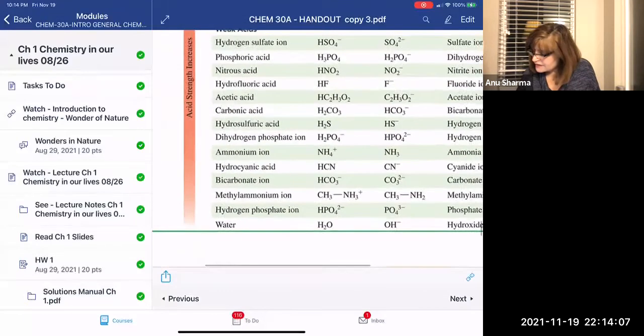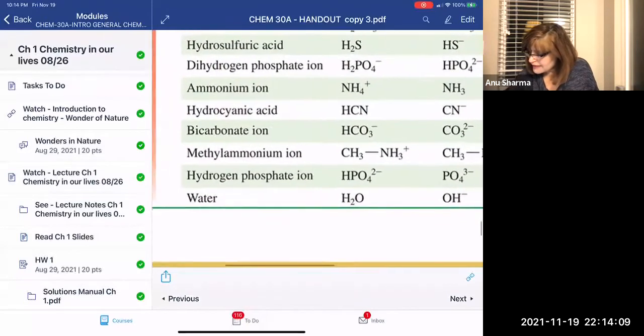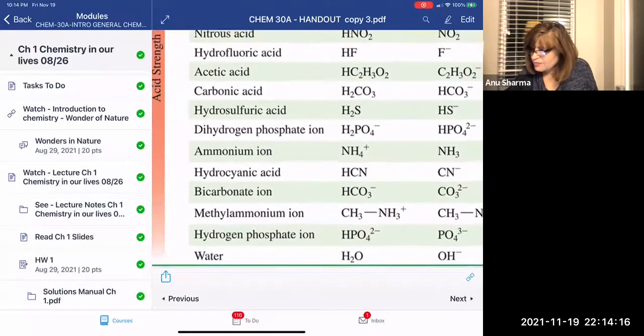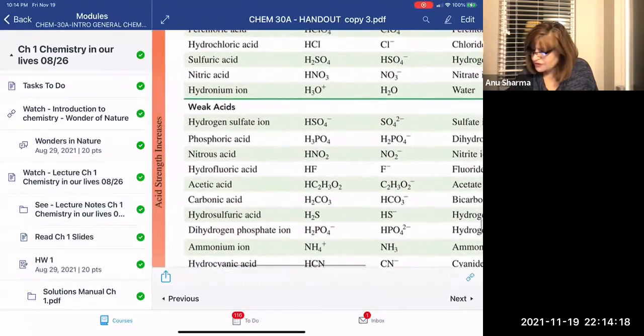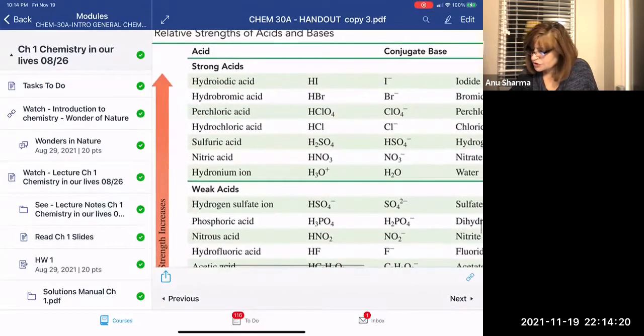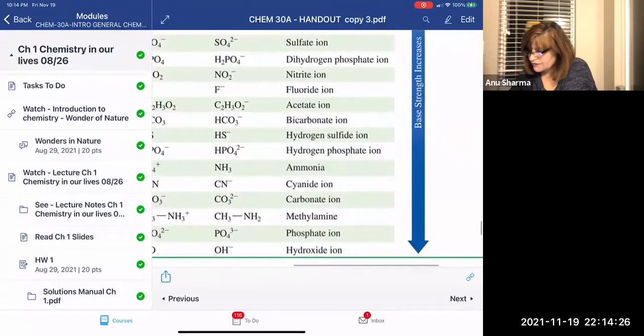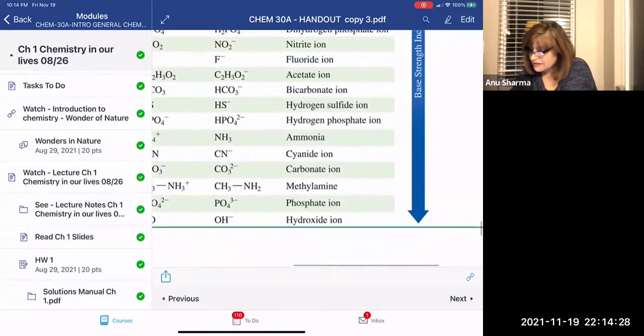Now the same is the case here. All these ones at the bottom, hydrogen phosphate, methylamine, bicarbonate, hydrocyanic, are very weak acids. So as you move up, the acids are strong. On the other hand, bromide, chlorate, perchlorate, chloride, bisulfate, nitrate, sulfate, fluoride, acetate are comparatively weak bases.